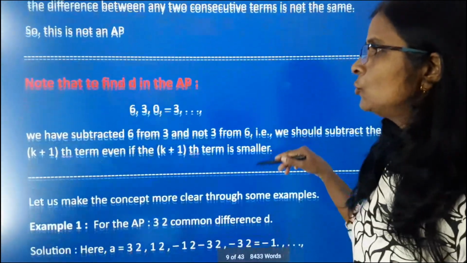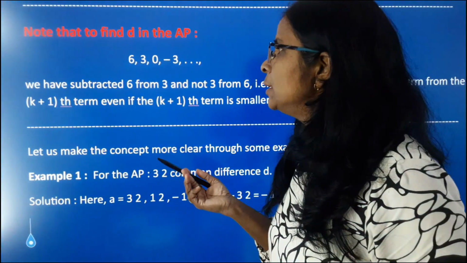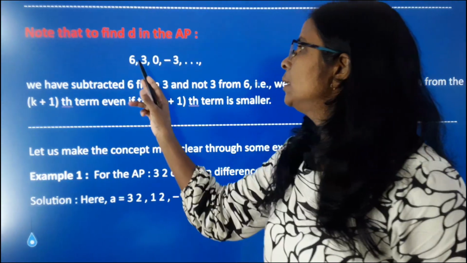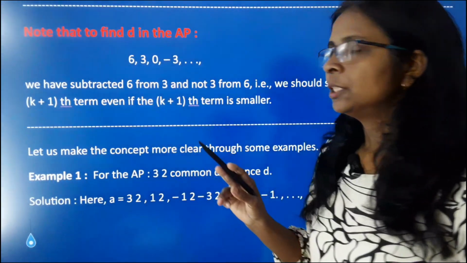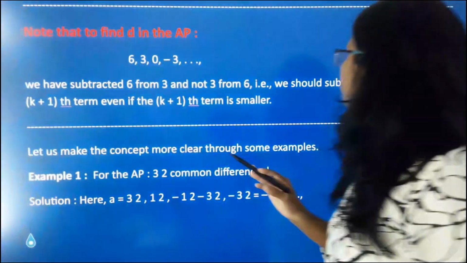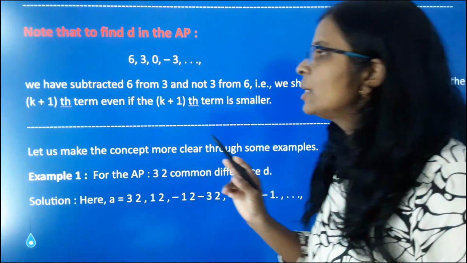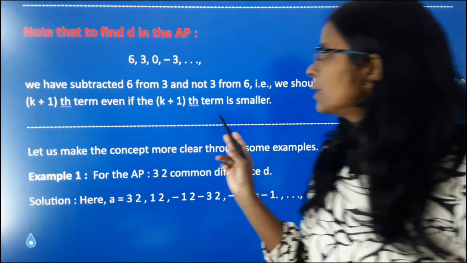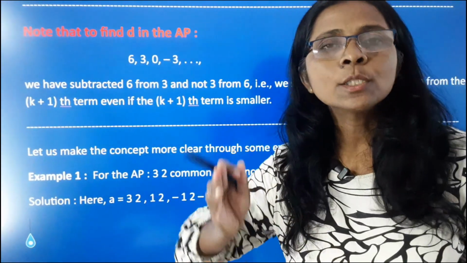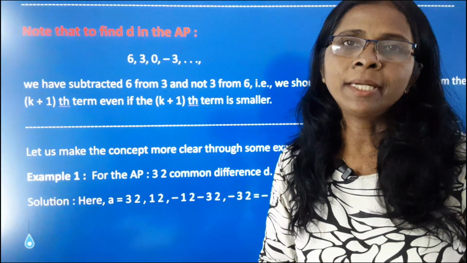Now also note down that when we have to find D in the AP, we have to subtract 3 from 6, not 6 from 3, I mean subtract the Kth term from the (K+1)th term. Even if the (K+1)th term, the succeeding number, is smaller, don't worry about that. You have to subtract it.